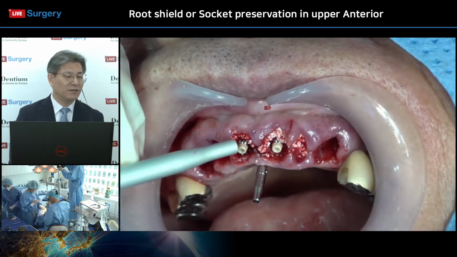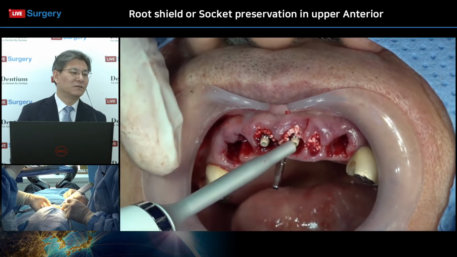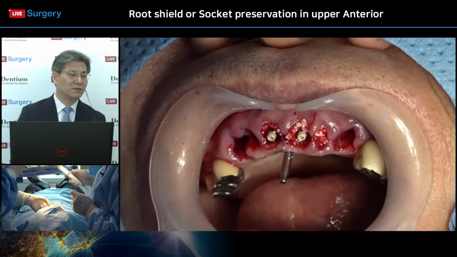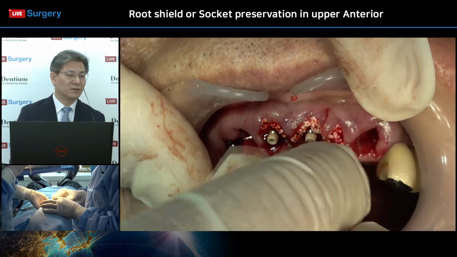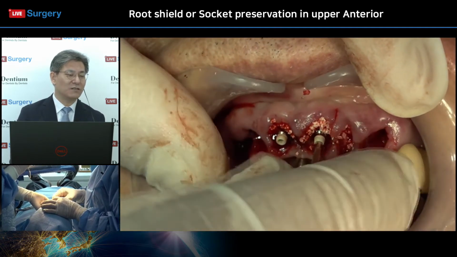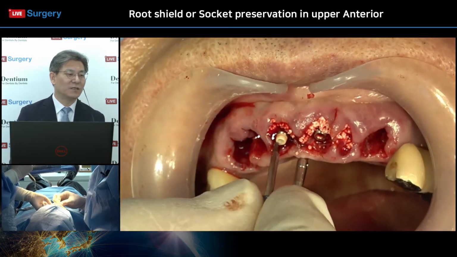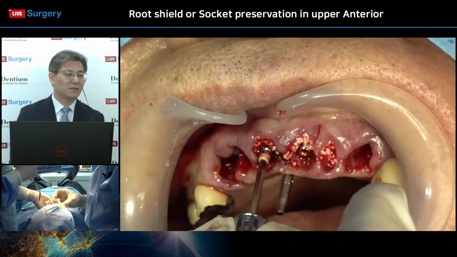Tissue level here is relatively lower. But due to the polymer, after changing to the metal, it will be better. Yeah, I think so, Dr. Chung. Remove the cap, the polymer cap. 중간 거 너무 짧지 않고.